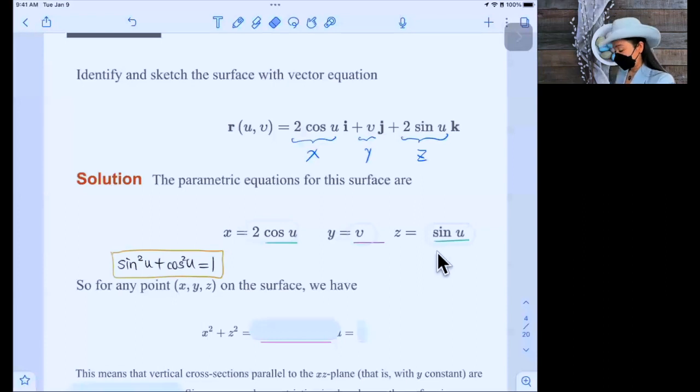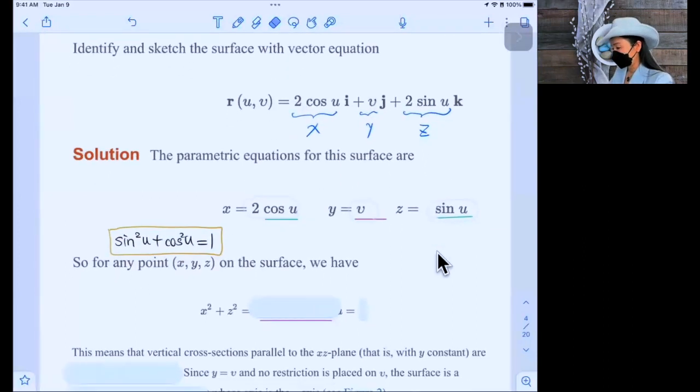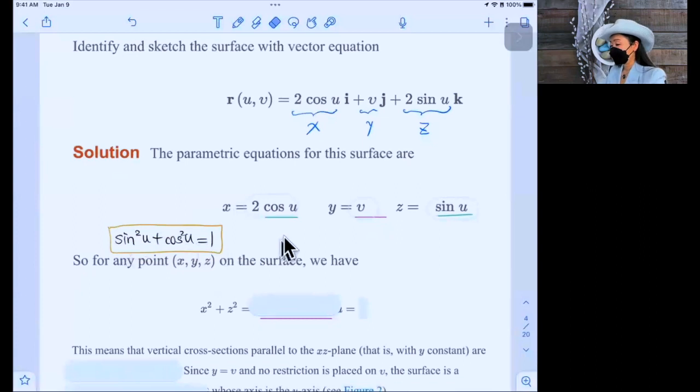Now in order to use this identity, we're going to isolate this cosine u and sine u. So we have (2 cosine u) squared plus (2 sine u) squared. So that should be equal to 2 squared right here, right? Because of this identity.